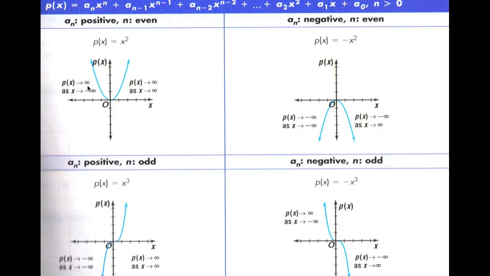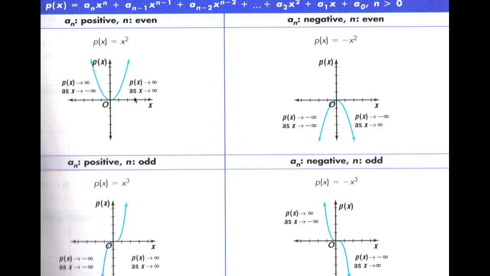What that means is you're looking at the end behavior for every single polynomial that has a positive coefficient. That's a_n right here, and the nth degree is right there. That's telling you that as x goes to positive infinity, f of x goes to positive infinity, and as x goes to negative infinity, f of x goes to positive infinity.